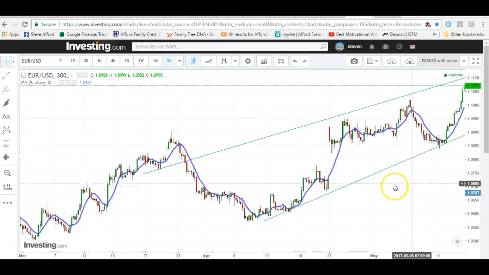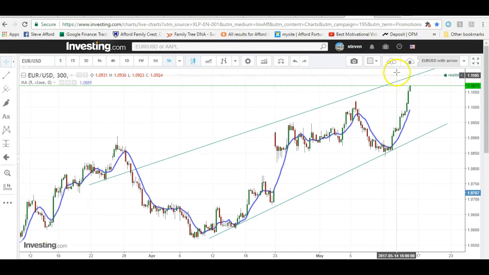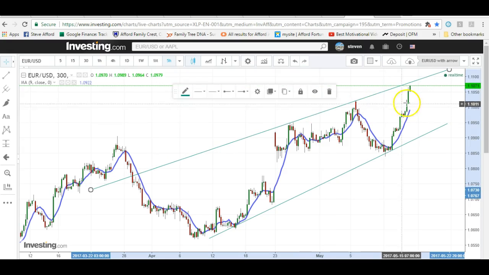So I suggest at this point of time, I'll be getting ready to open up some put trade once it hits that resistance line that I put there for you, which is around about 1.108, or even wait till it hits 1.1100.